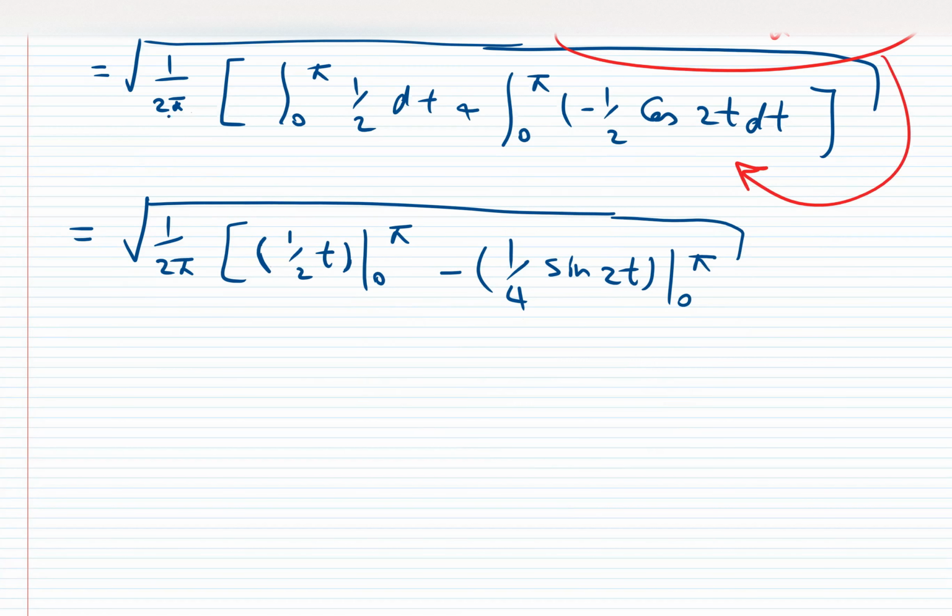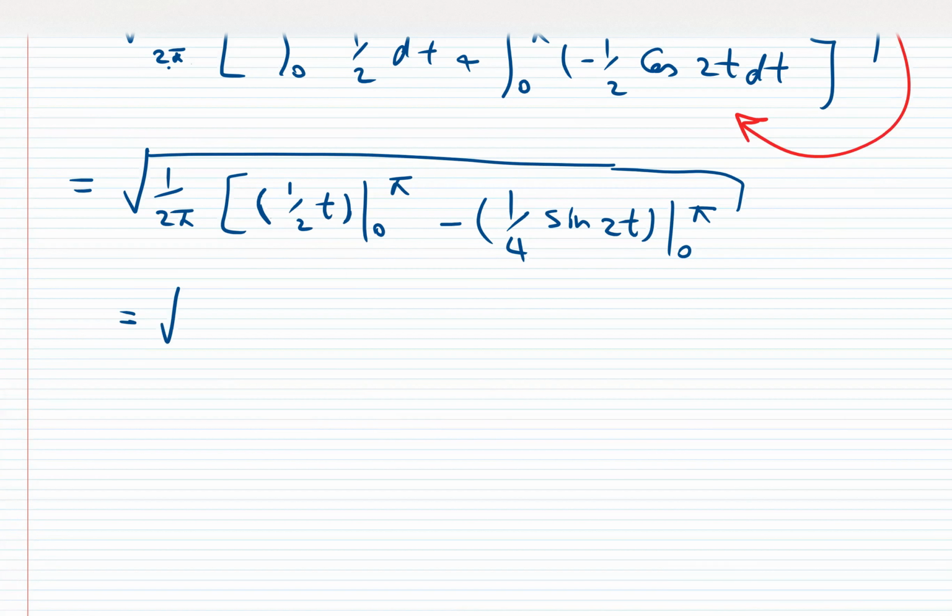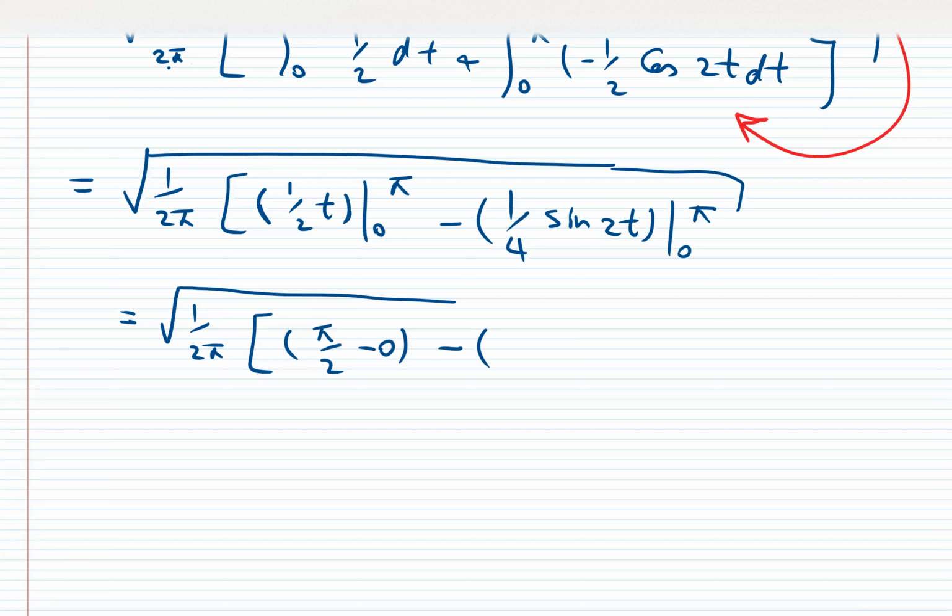It's equal to the square root of 1 over 2 pi times pi over 2 minus 0, minus the sine of pi, which is equal to 0, and sine of 0 is equal to 0, so 0 minus 0.